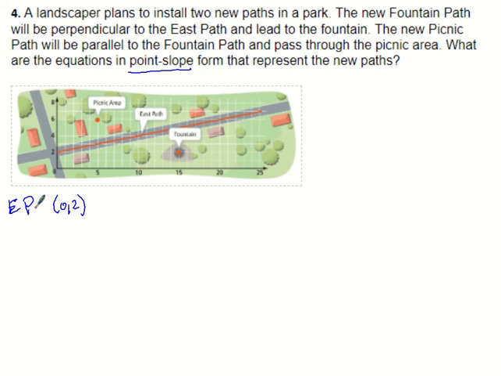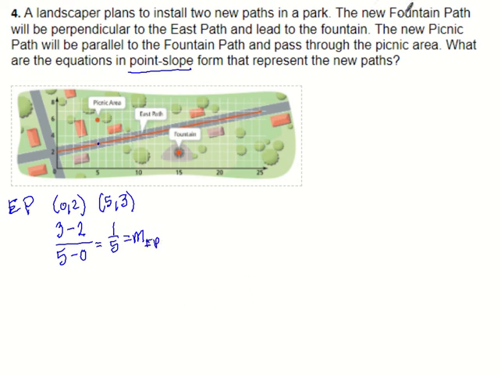And then to find a nice easy line, another point is right here at 5, 3. So we're going to use that to find our slope. So I'm going to take 3, take away 2, and I'm going to put it over 5, take away 0, and we get 1 over 5. So that's the slope of the east path.